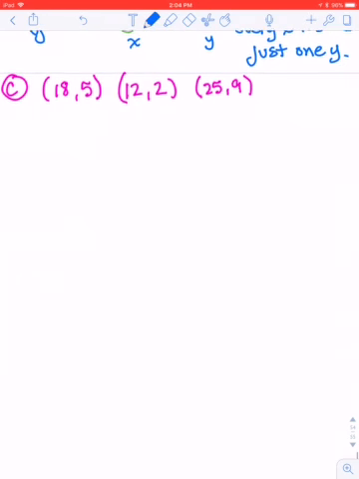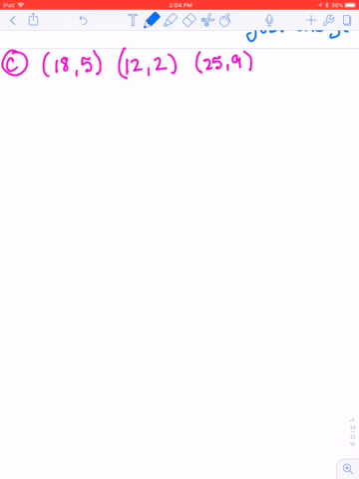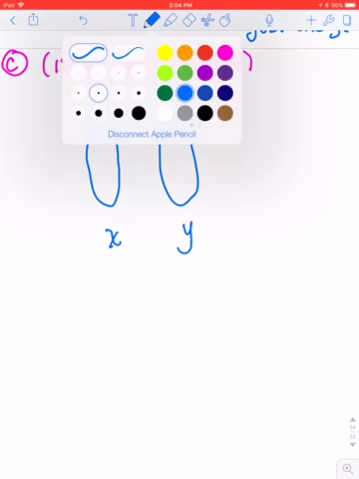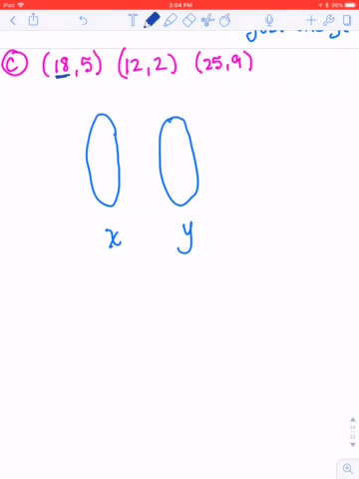Okay, now C is probably a little more like what we would normally see. All different numbers in both X and Y. So I'm going to start organizing. So 18, 12, and 25, if I did them in order, 12, 18, and 25.